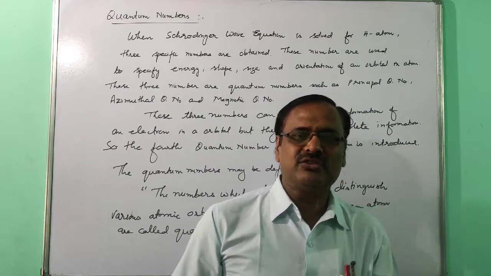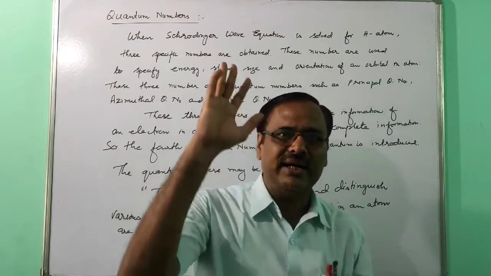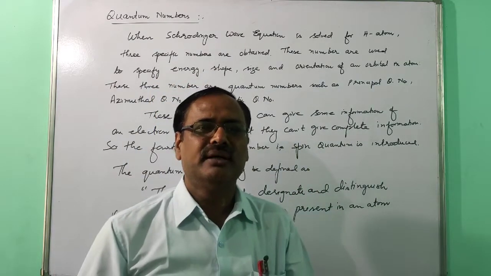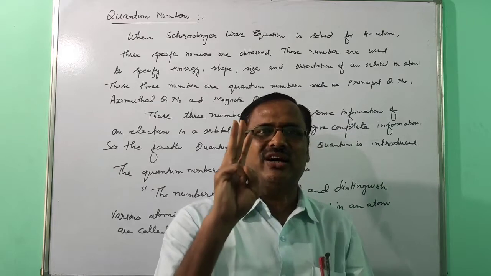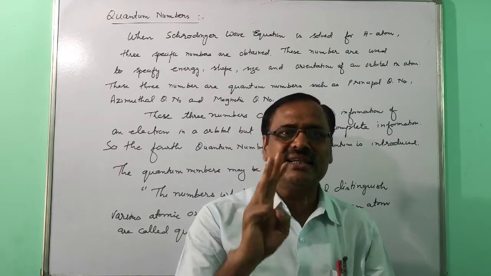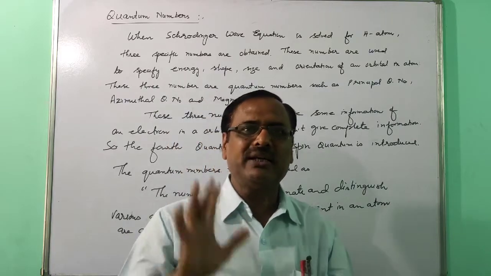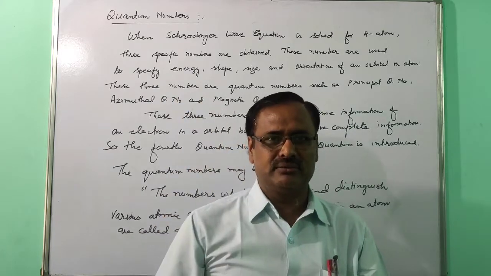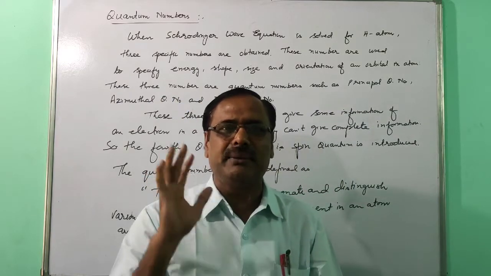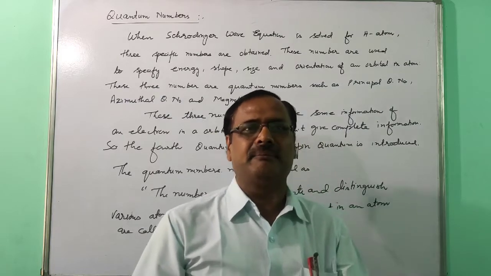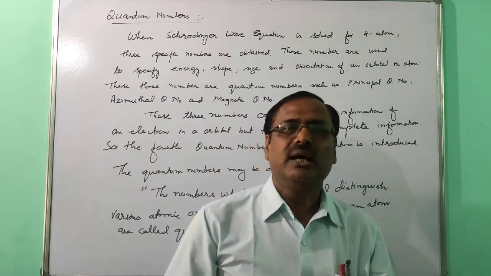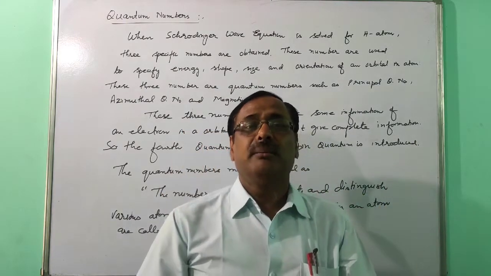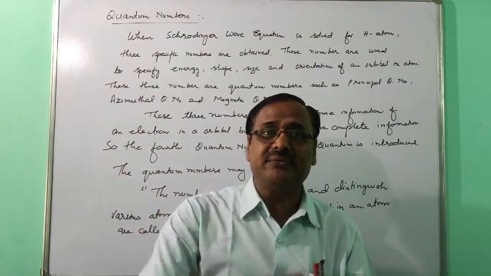It means when the Schrodinger wave equation is solved for the hydrogen atom, these three quantum numbers are obtained. With their help you can get information about an orbital, and some information about an electron also, but you cannot get complete information.